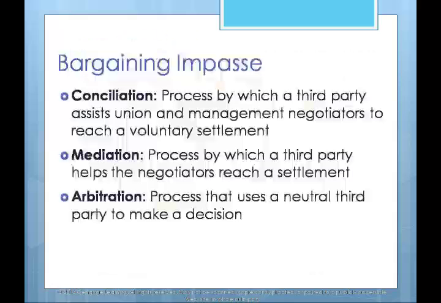Now, if you have a bargaining impasse, there's three types of processes you can use: conciliation, a process by which a third party assists the union and management negotiators to reach a voluntary settlement; mediation, by which a third party helps the negotiators reach a settlement; and arbitration, a process that uses a third party to make a decision.